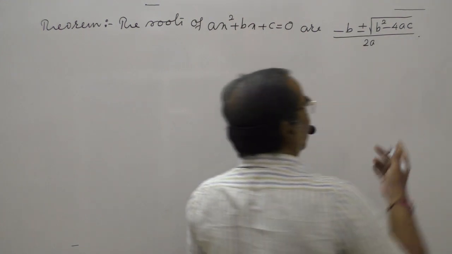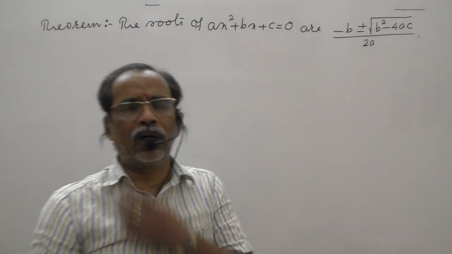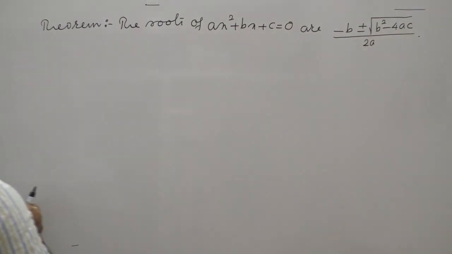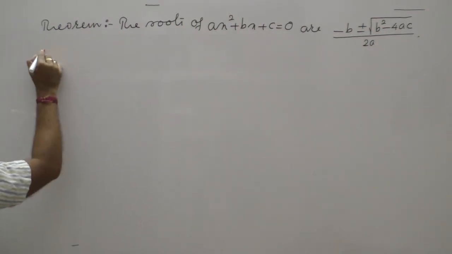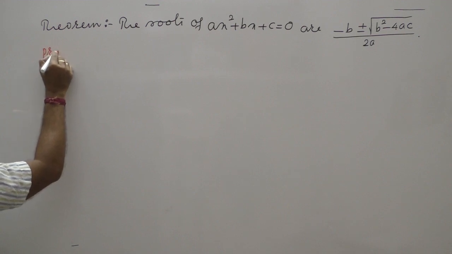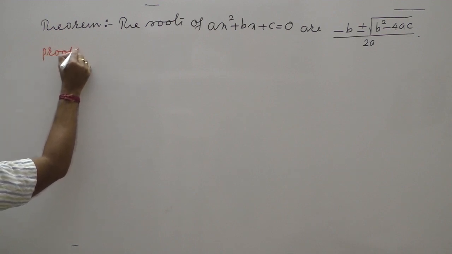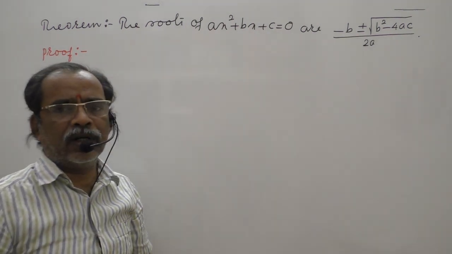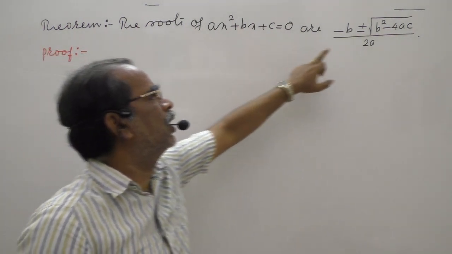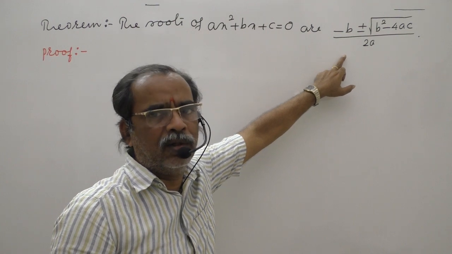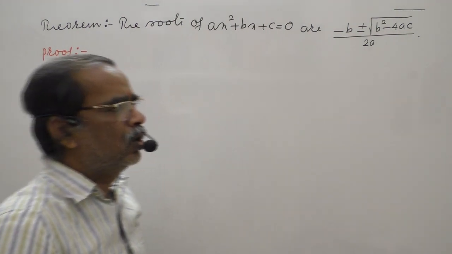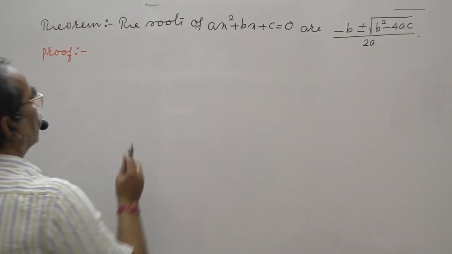We know this, we have seen it many times in lower classes. These are the roots. So we will see its proof. Here a quadratic equation is given. We have to find the roots of that equation and show these are those roots.